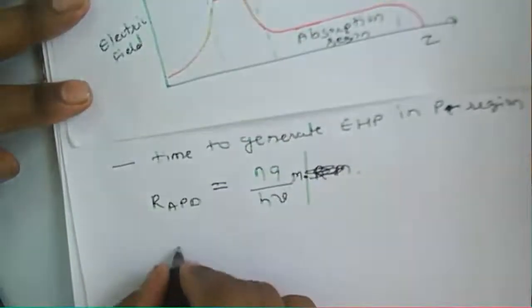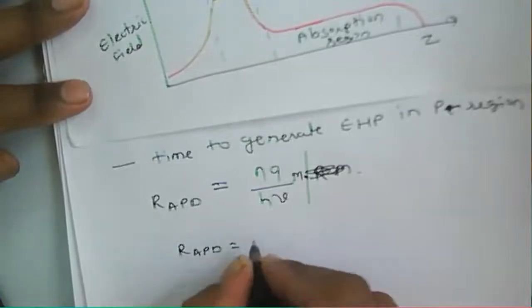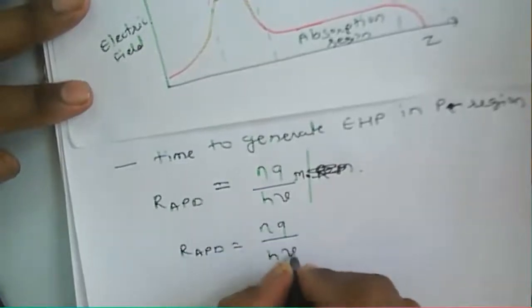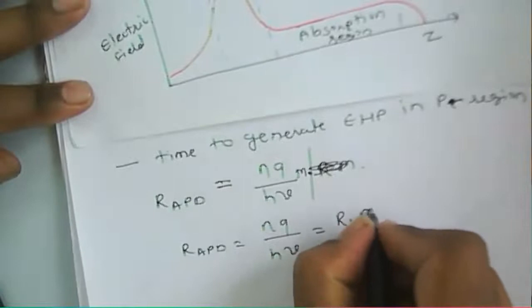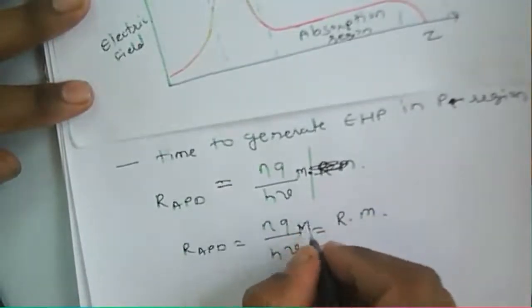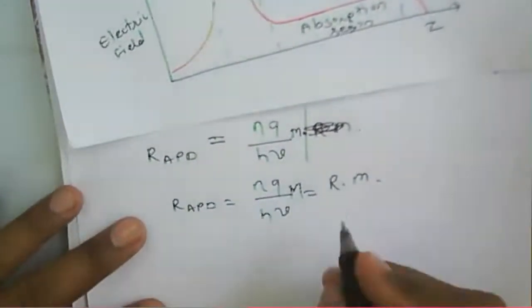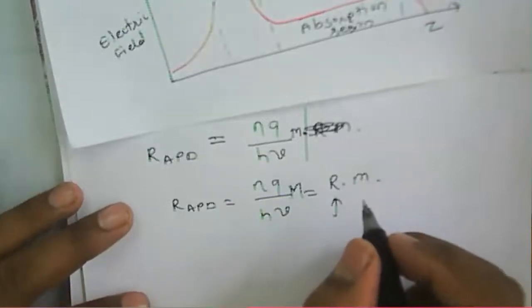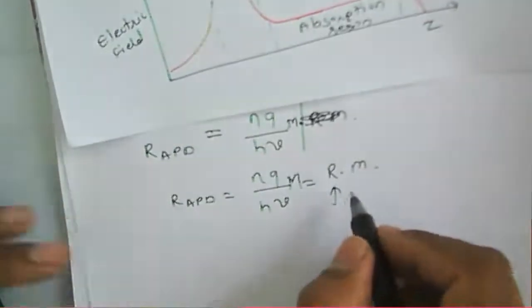I'll write again here: N Q by H V times M, and that R is nothing but the responsivity.